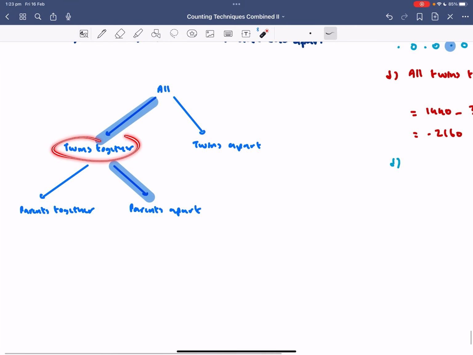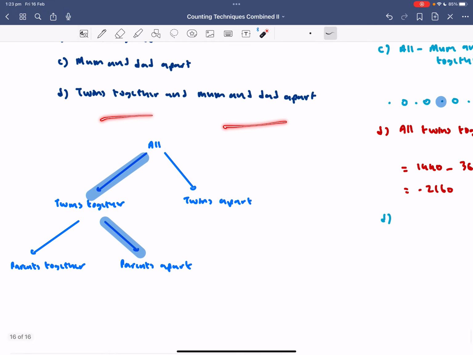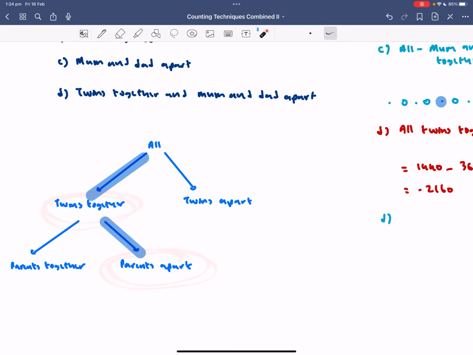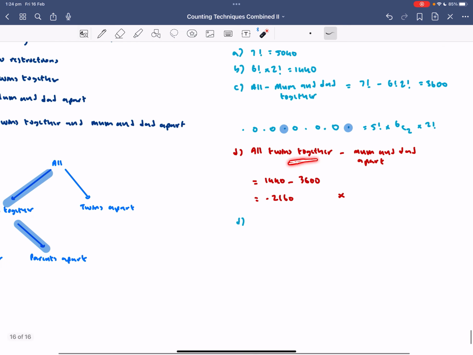We did twins together, take away parents. We want all the ones where the twins are together and the mum and dad are apart. So what did we do? We did twins together minus mum and dad.